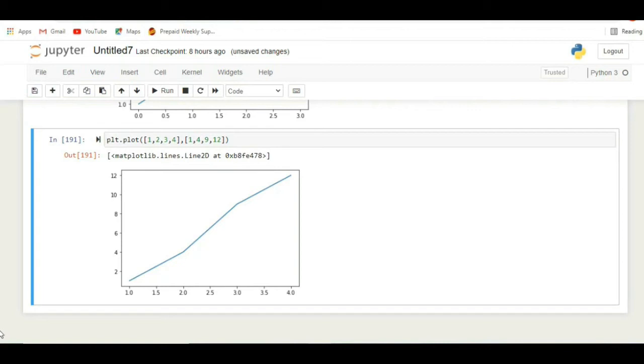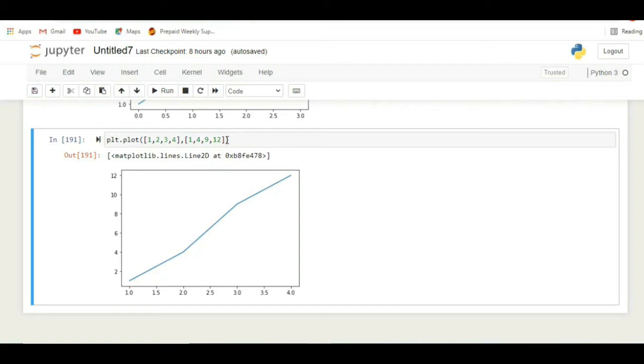These are the three strings of this plot: 1 to 4, 4 to 9, 9 to 12. Similarly on the x-axis, 1 to 2, 2 to 3 and 3 to 4.